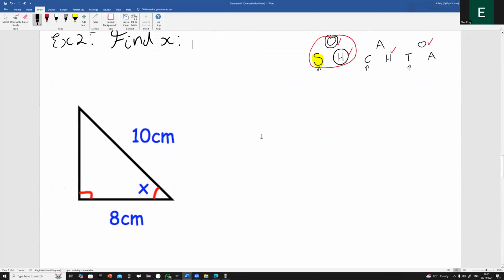We do the same process. First thing is to label. So for this triangle, what is the hypotenuse? 10, fantastic. The opposite is this side on the left, which I don't know. What is the adjacent? That's 8, fantastic. So now let's look at our formulas.